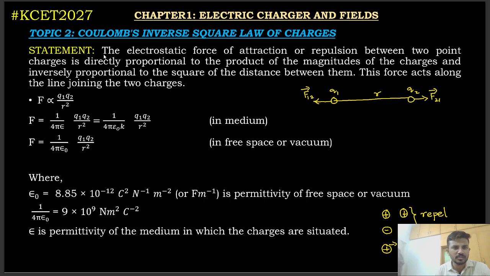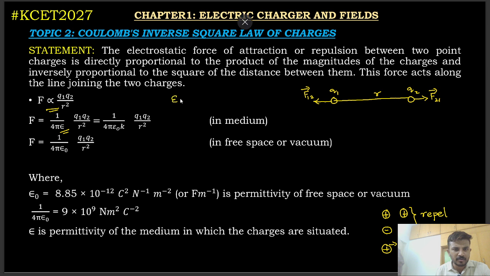According to which, the electrostatic force of attraction or repulsion between two point charges is directly proportional to the product of the magnitude of the charges and inversely proportional to the square of the distance between them. So F is directly proportional to Q1 Q2 by R squared, and if you remove the proportionality sign we get 1 by 4 pi epsilon, Q1 Q2 by R squared.